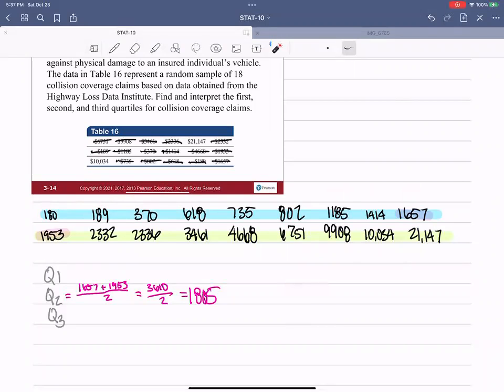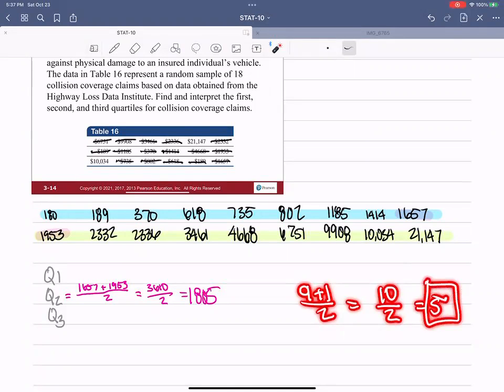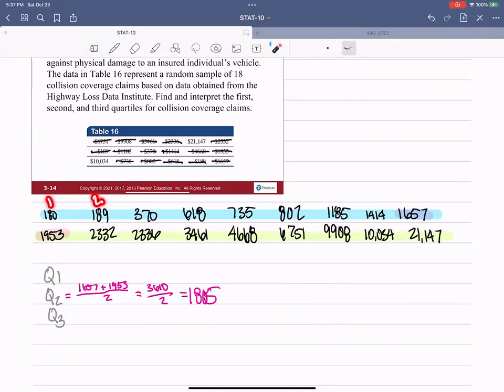So in this case, it's 9 plus 1 divided by 2, or 10 divided by 2, which is equal to 5. So the fifth number is going to be the median. So we look here, 1, 2, 3, 4, and 5. So that tells us that this value right here is our median, equal to 735.